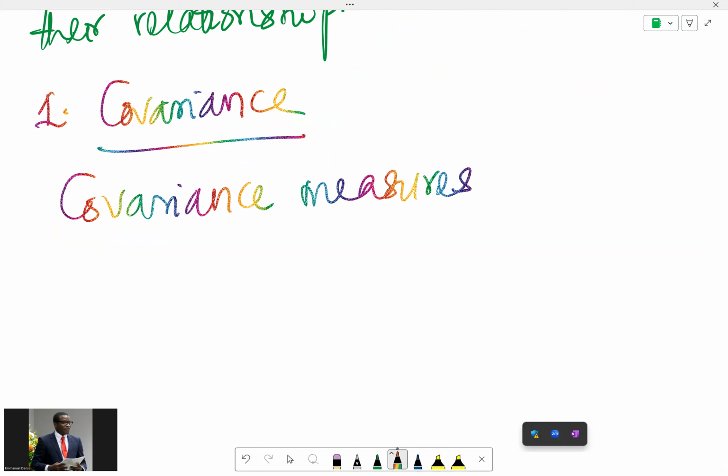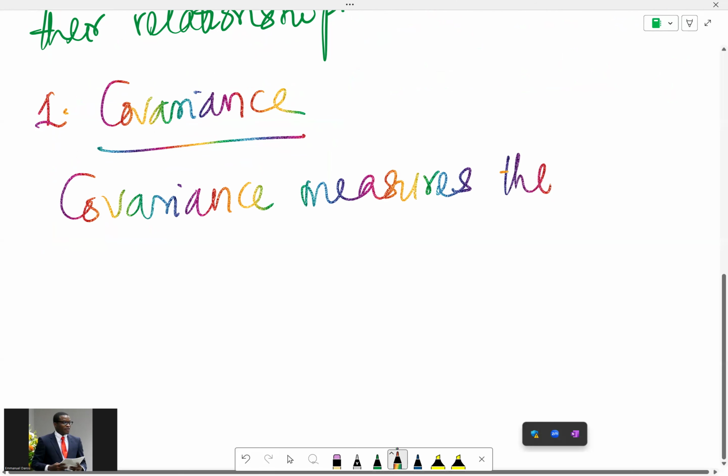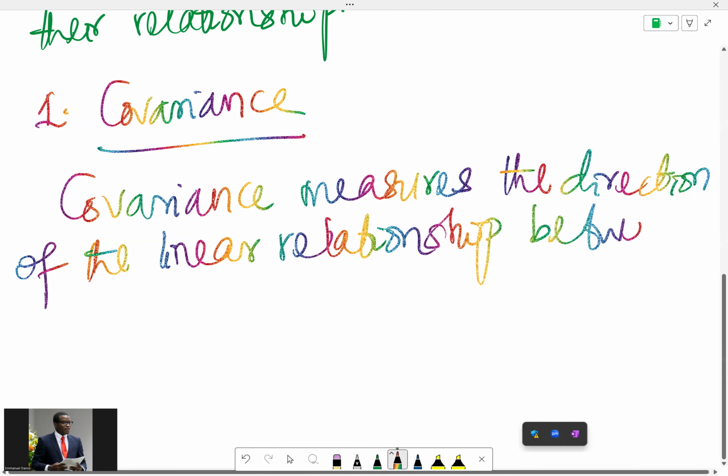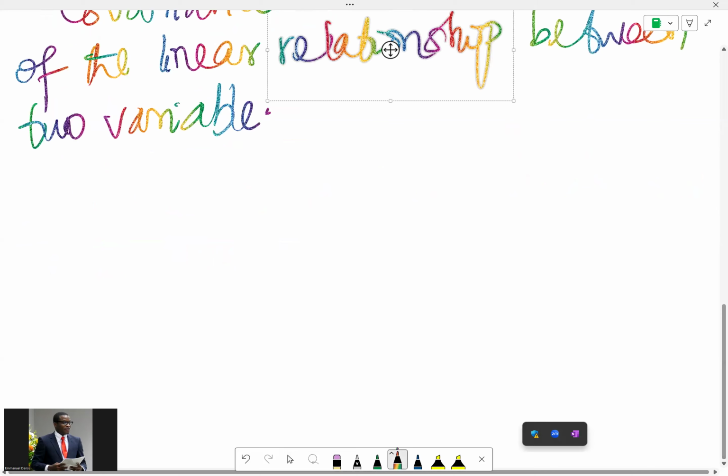So covariance measures the direction of the linear relationship between two variables.